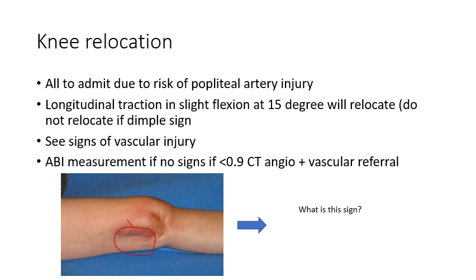Okay. If you do not have any signs of neurovascular compromise, you need to admit and you have to do serial ankle brachial index measurements. If your ankle brachial index is less than 0.9, you need to arrange for a CT angio plus a vascular referral. If it is above 0.9, that is normal.